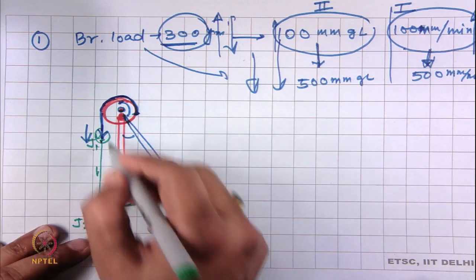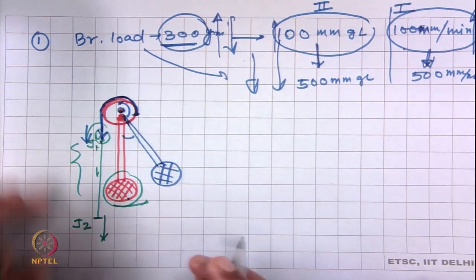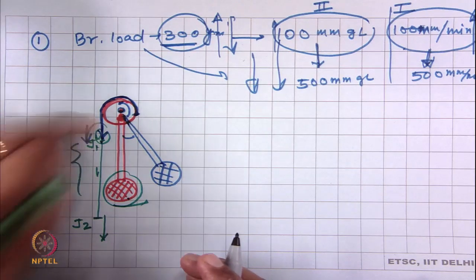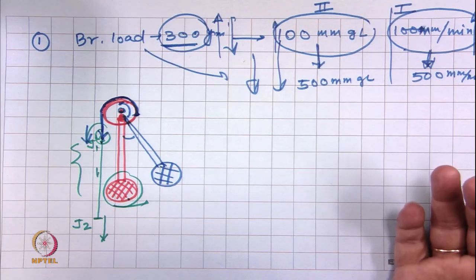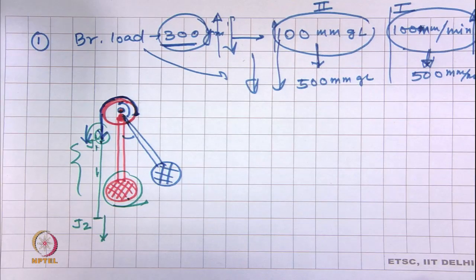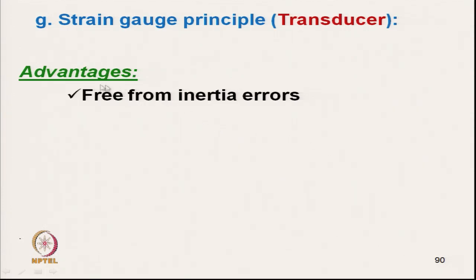That inertia effect gives us wrong results initially. This is actually true for other instruments, but here the inertia effect is not there. So, this is the advantage of this instrument.